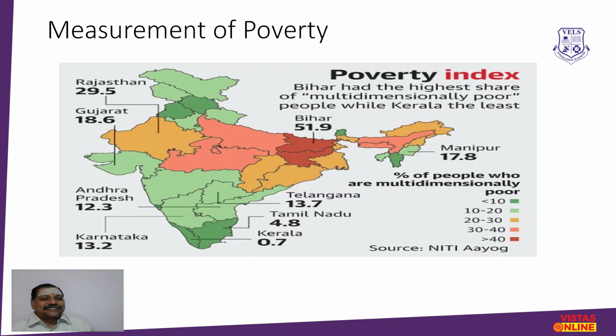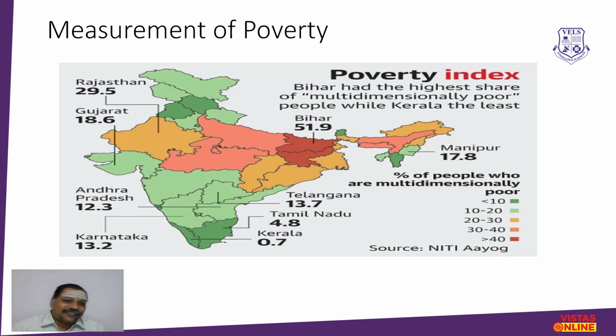Some of the states I have given as a picture. These are the most predominant states having more poor people, where the percentage of poverty is high. As far as India is concerned, Bihar has the most poor people, nearly 51.9%. Next is Rajasthan, 29.5.